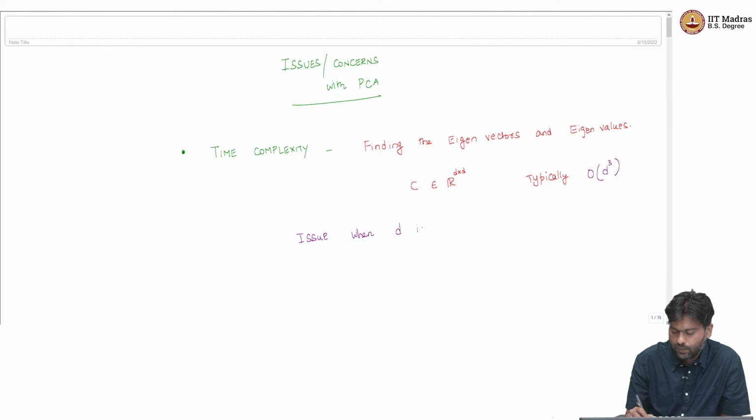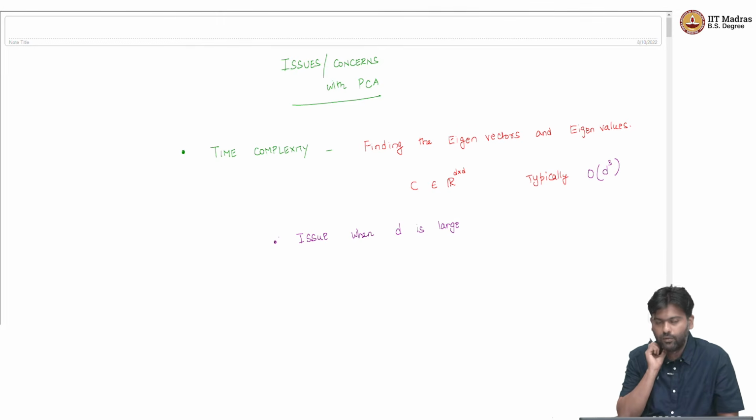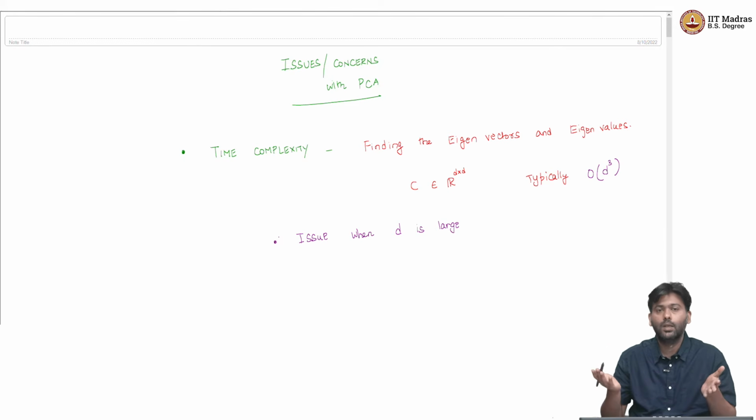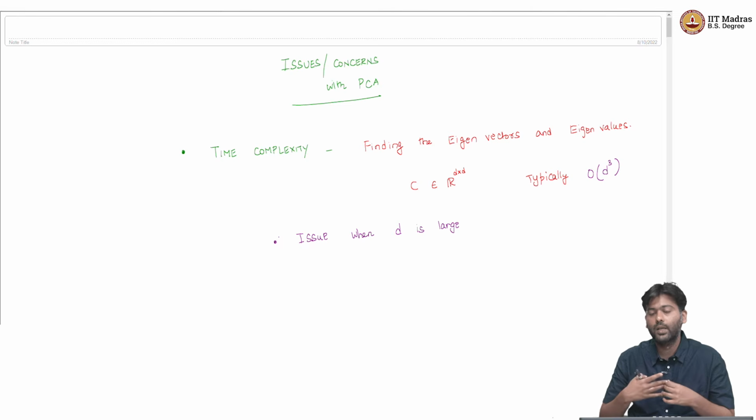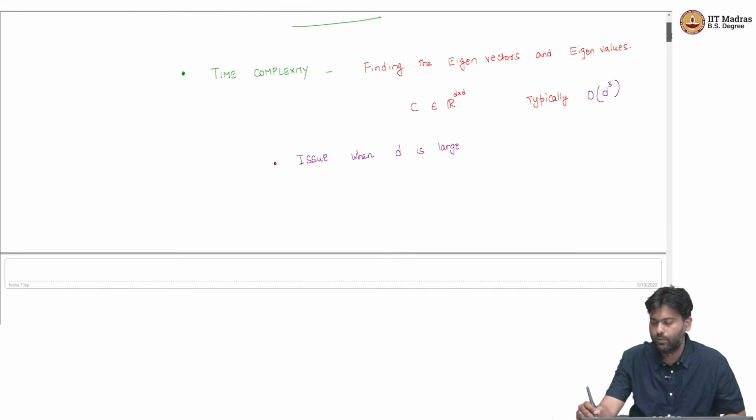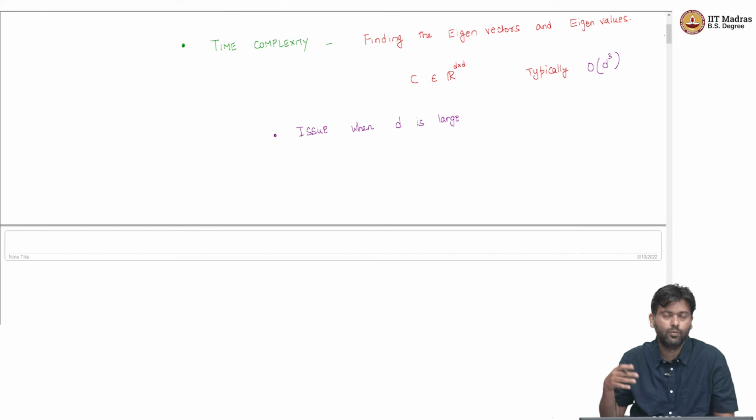So the question is, what if D, the number of features, is large? For instance, in the Eigenfaces application that we saw, the number of features was around 32,000, and the number of data points was smaller than the number of features, perhaps only 20,000 or so. If D is on the order of tens of thousands or even millions, then D cubed is going to be huge for computing these eigenvectors and eigendirections.